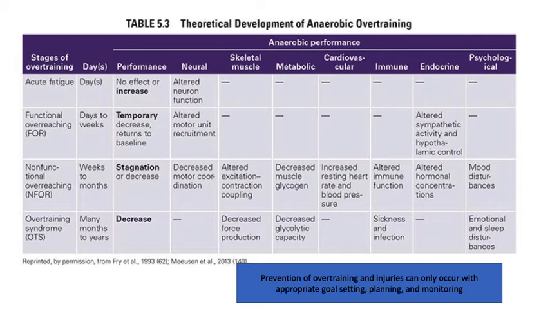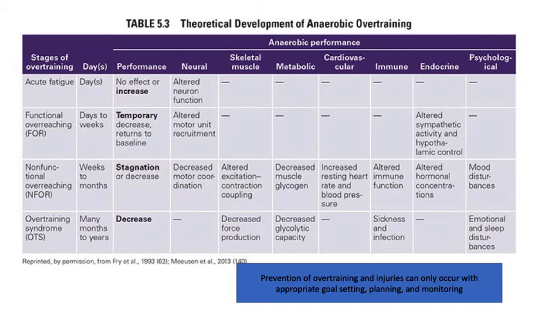The next stage is overtraining syndrome, which is a serious condition, and it can pose a lot of health complications. This is when you're chronically fatigued for many months to years. Here we see performance is extremely decreased. We're past the point of neural. Instead, we're moving into the muscle action.